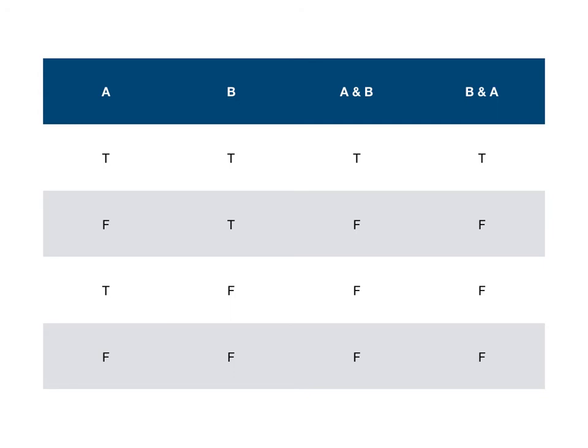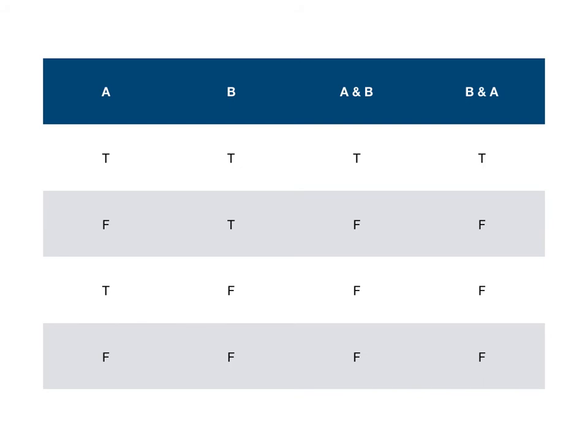On lines 2 through 4, A and B is false, B and A is also false. On line 1, A and B is true, B and A is also true. These two statements have the same truth value on every single line, that means they're logically equivalent.